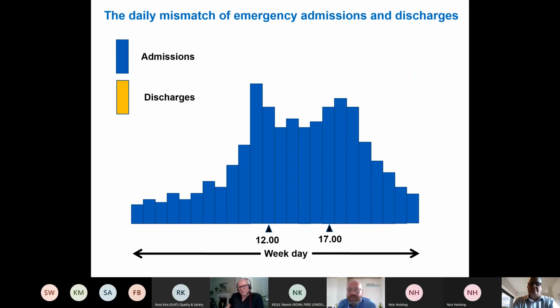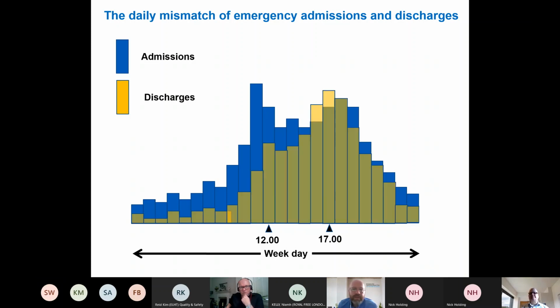Because this will then affect that mishmash, to take it a bit further, of emergency admissions and discharges. So this is a typical attendance profile and a decision to admit profile. If we layer on top of that the discharges, this is a typical discharge profile. So discharges go later in the day than the admissions start to arrive. If you look at, say, 11 o'clock, just to the left of the 12 o'clock little arrow there, that's when you start to get the build up of patients in ED and in acute medicine waiting for beds on inpatient wards.